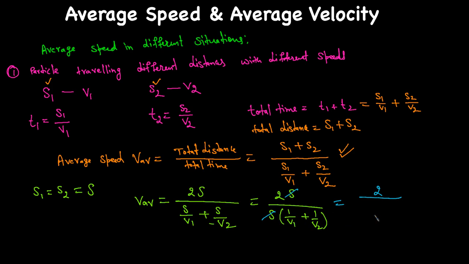Writing the common denominator v1 v2 over v1 plus v2, and the denominator goes to the numerator, so it becomes 2 v1 v2 over v1 plus v2. That's the formula to find the average speed when a particle travels the same distance with different speeds.